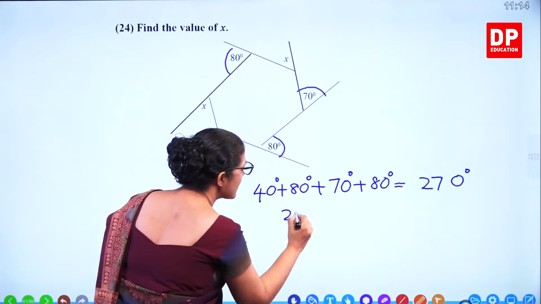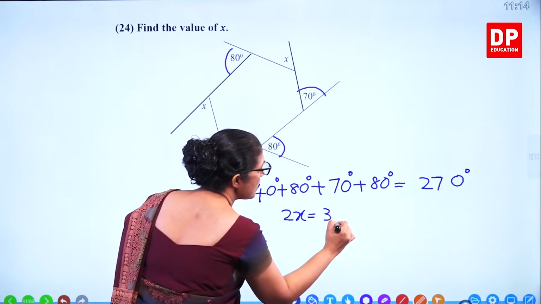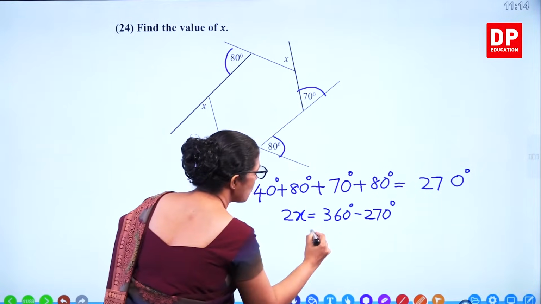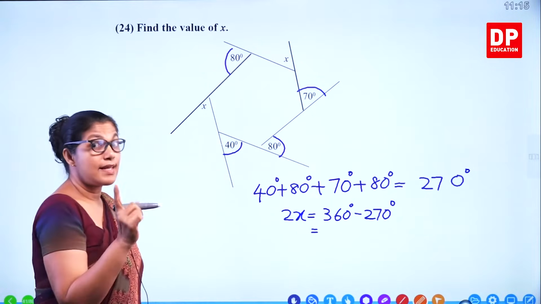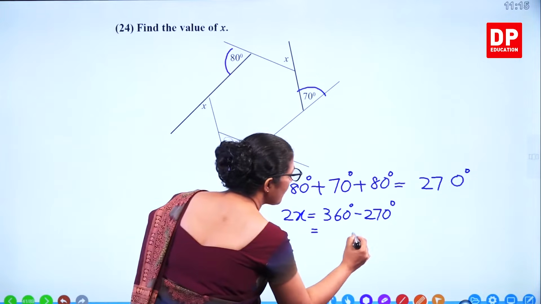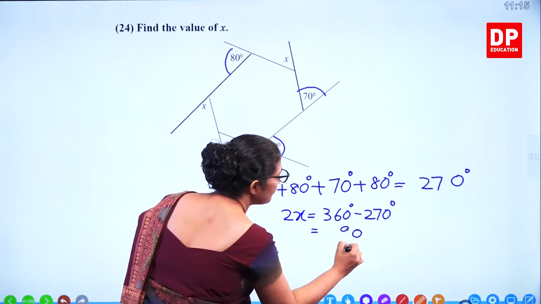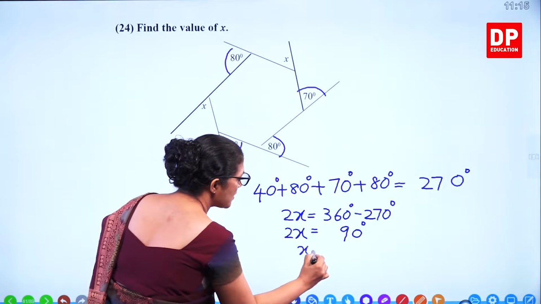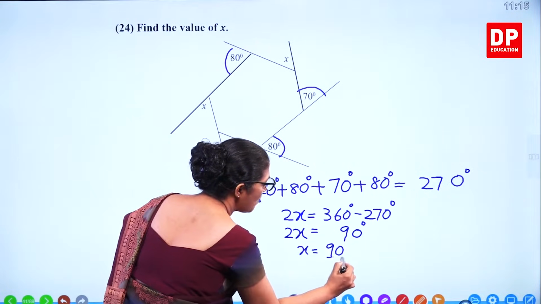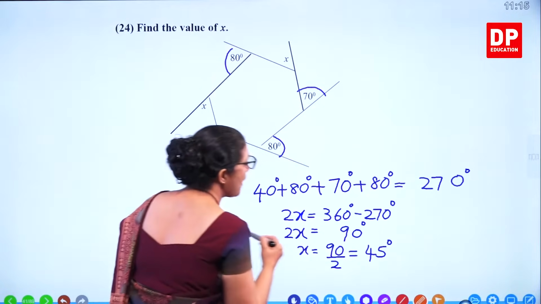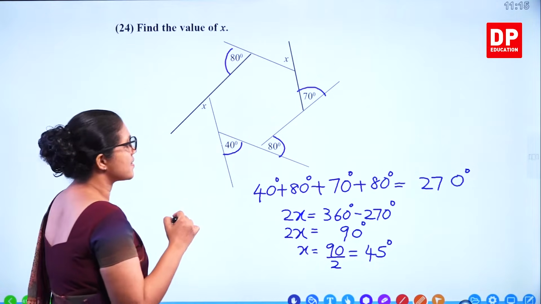So what is 2x then? 360 minus 270, because we know the sum of exterior angles is always 360. That's 90. So 2x is 90, which means x is 90 divided by 2, 45 degrees.